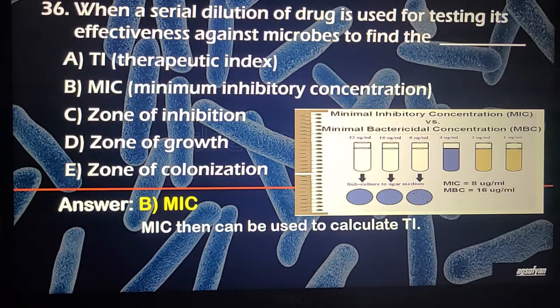Okay, so therefore, even though 8 microgram per milliliter is the MIC, it kills bacteria, but it does not really kill all of them. Some stronger bacteria are still there. So in order to make better drugs, usually the pharmaceutical company will use the 16 microgram per milliliter, okay, not the 8 microgram per milliliter.